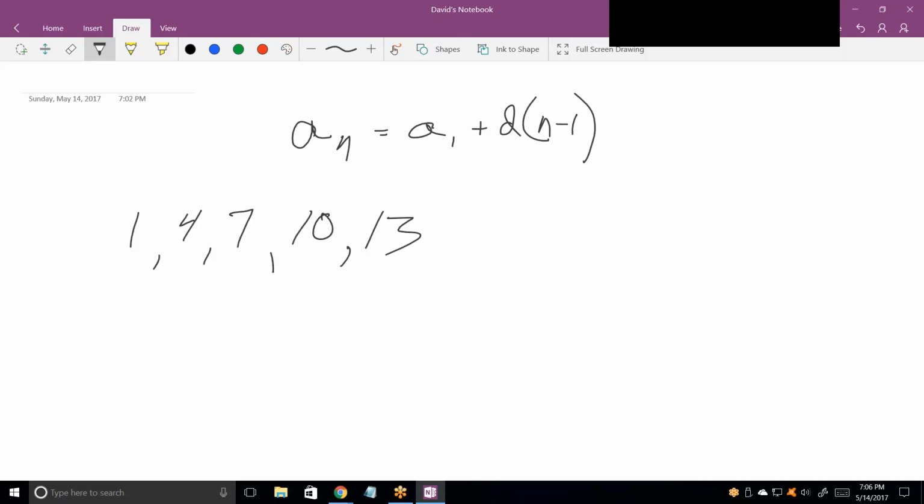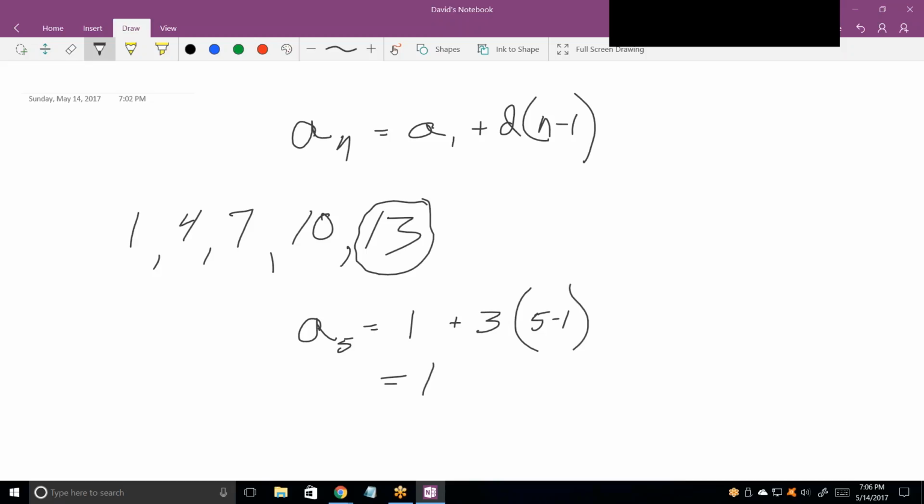So if I wanted, say, the 5th term of this sequence, well then a sub 5 would equal the first term, which is 1. Isn't always 1, but in this case it's 1. Plus the common difference, which is 3. Since I've got an n of 5, this is 5 minus 1.